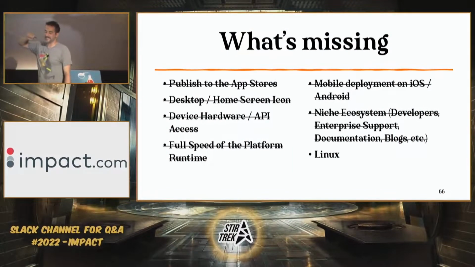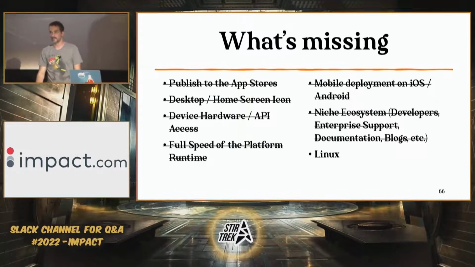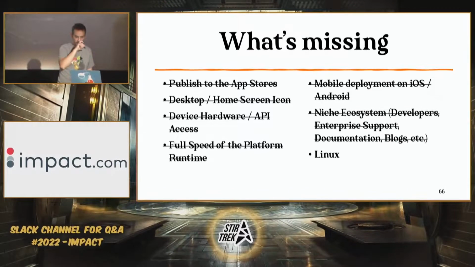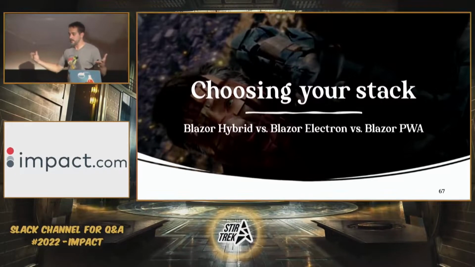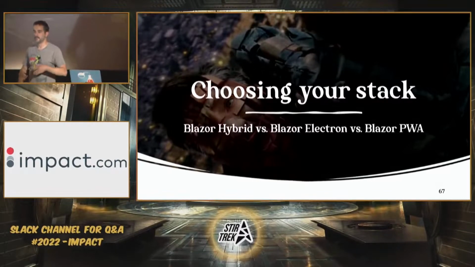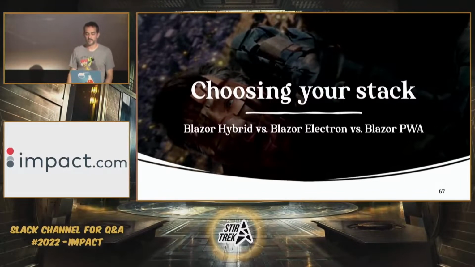But what this gives us is almost everything we want, except for Linux. Sorry, Linux. Aw, poor Linux. I heard this is in the works, but it's not currently supported in the current state. So it's up to you to choose what stack from this you'd like to use, depending on what your needs are. You've got Blazor Hybrid, you've got Blazor Electron, you've got PWAs.